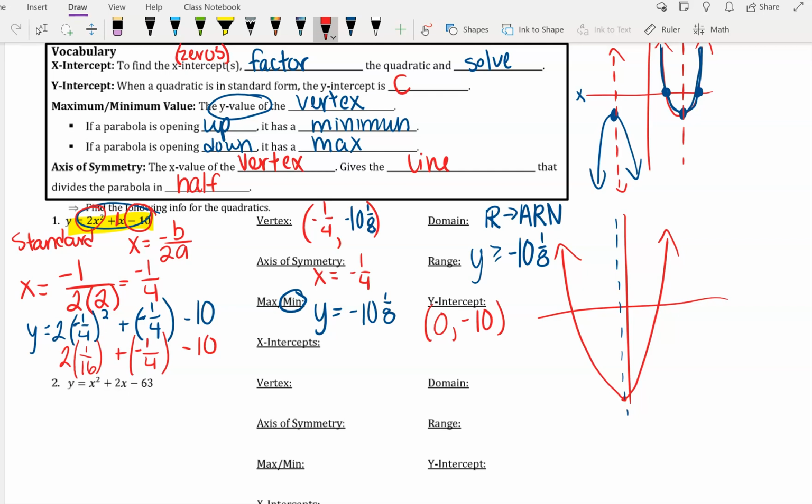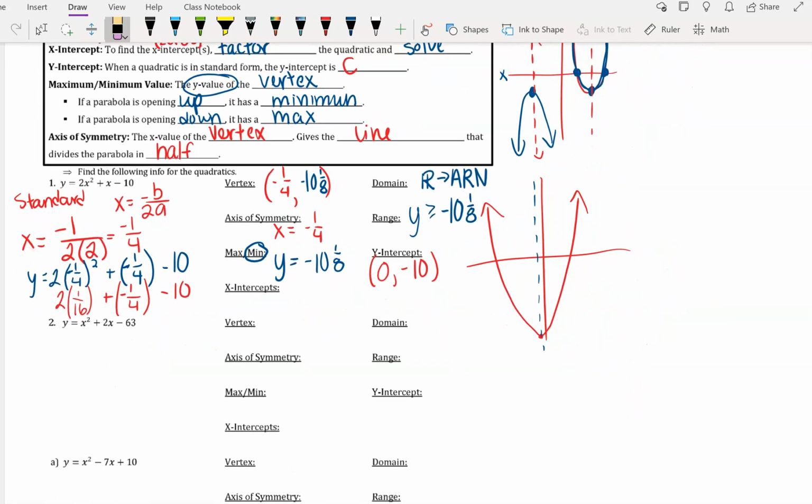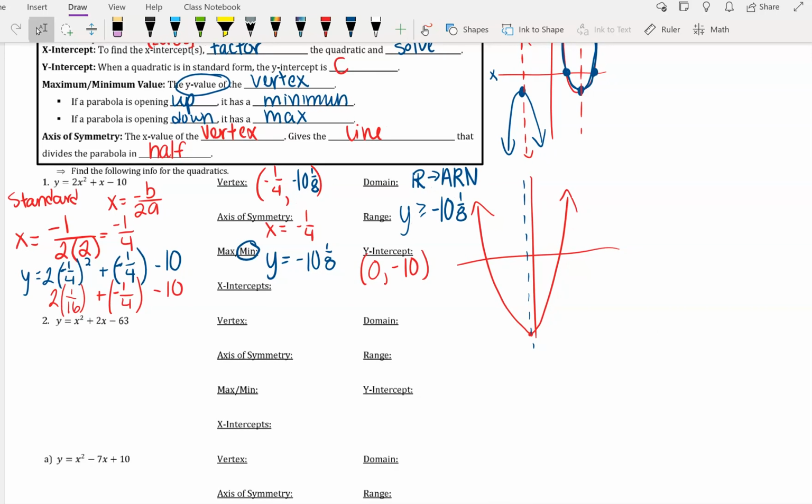All right, last thing we need to do is find the x-intercepts. So x-intercepts can be found, if we look in our little vocab box, by factoring and solving. So we're going to factor this. Let me erase so we can actually see. That's a hard trinomial, which means we have to do big X and factor by grouping.